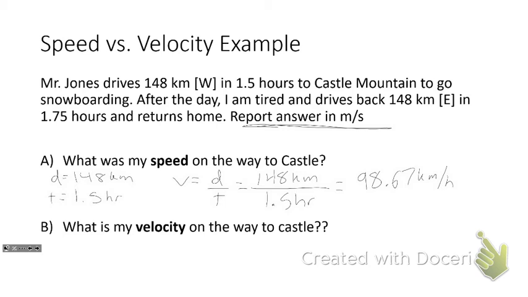Okay, so if I divide my 98.67 by 3.6, I get 27.4 meters per second. But I only want it in 2 sig digs. So 27 meters per second is my speed on the way to Castle. Okay, you guys should have gotten 27 meters per second still, right?